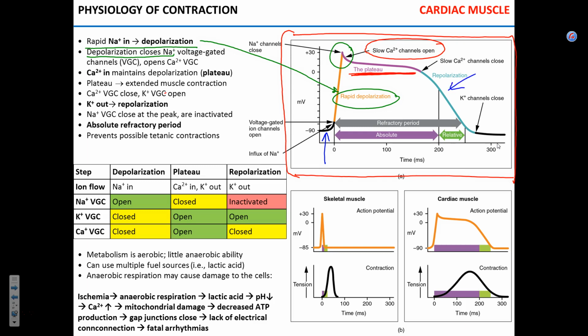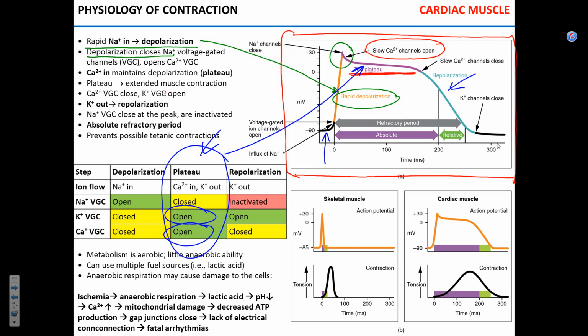Now, why does it start rapidly decline? If you would look at the table, you will see that during plateau, not only calcium channels are open, but potassium channels are open as well. So, potassium is positively charged ion, which concentration is higher on which side of the membrane?